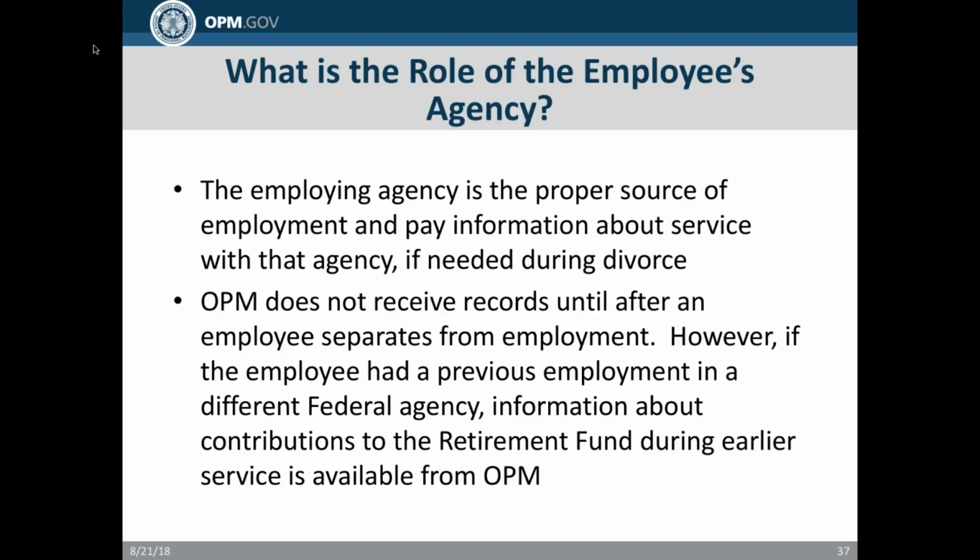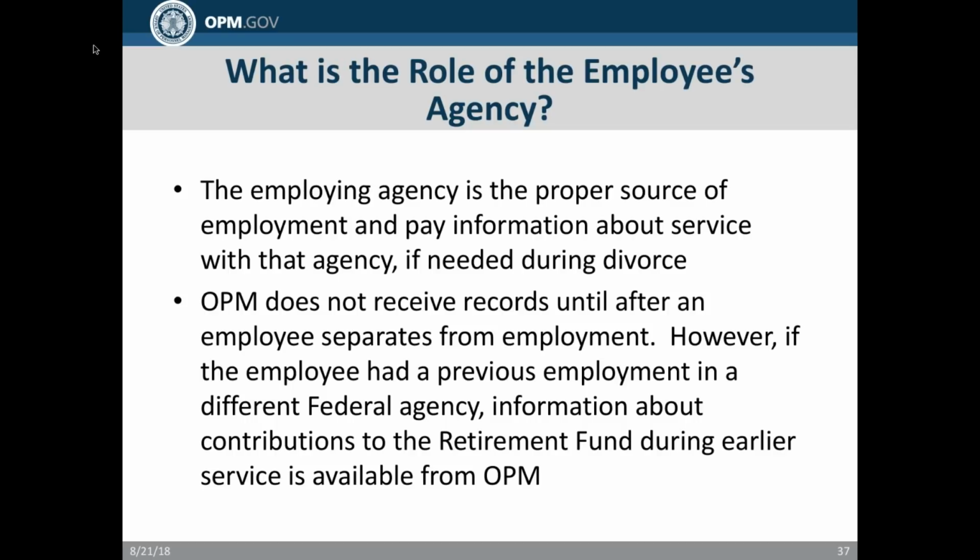What is the role of the employee's agency? The employing agency is the proper source of employment and pay information about service with that agency if needed during divorce. OPM does not receive records until after an employee separates from employment.